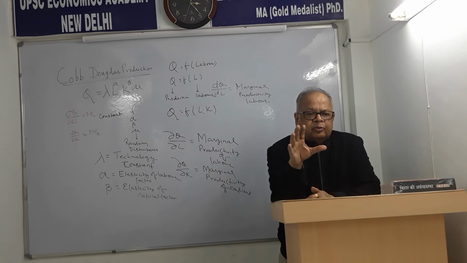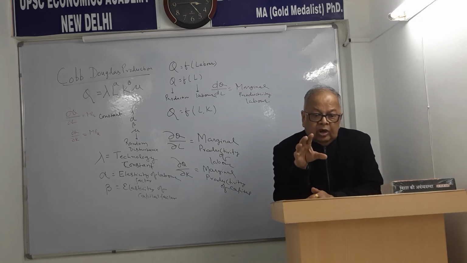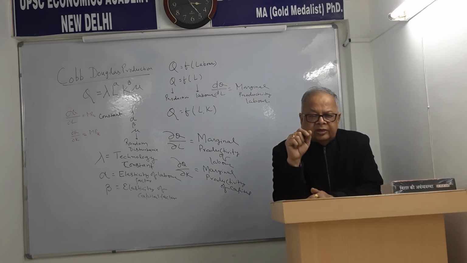Law of variable proportion is known as the modern approach to law of diminishing returns. What is its name? Law of variable proportion.